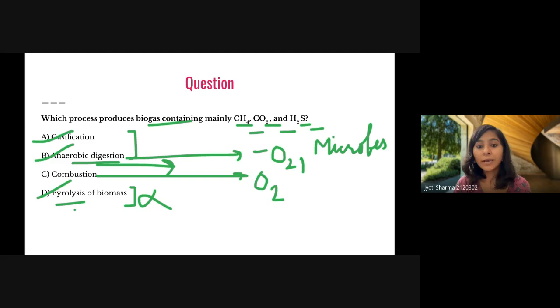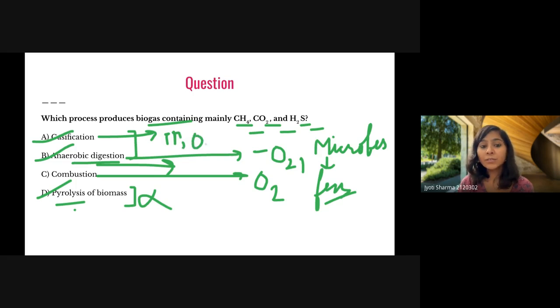Most of the time, the fertilizer or manure we produce is just the end product of anaerobic digestion. And gasification is under high temperature. Here the temperature is very high, and oxygen is given but not fully, only partially. So this is how we have different processes that give different types of gases.